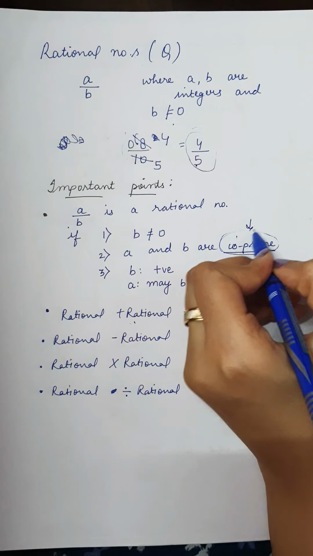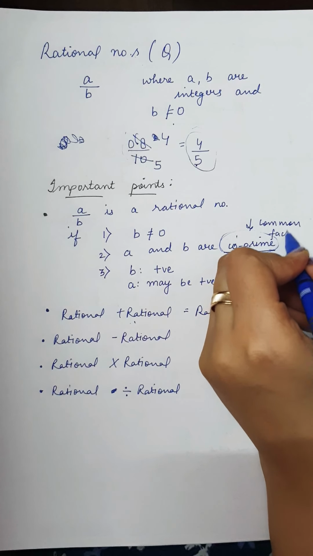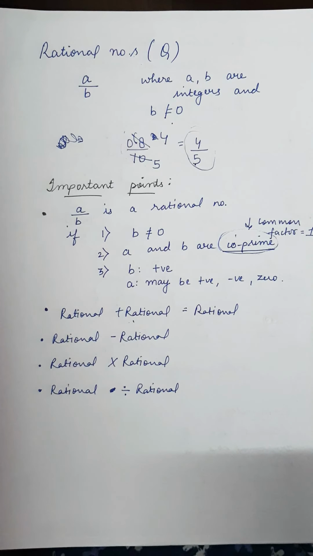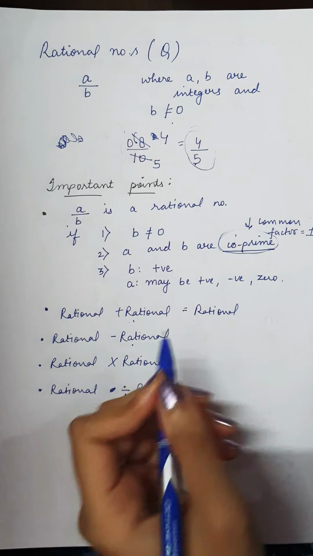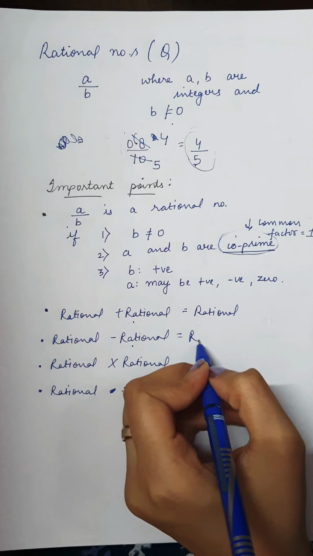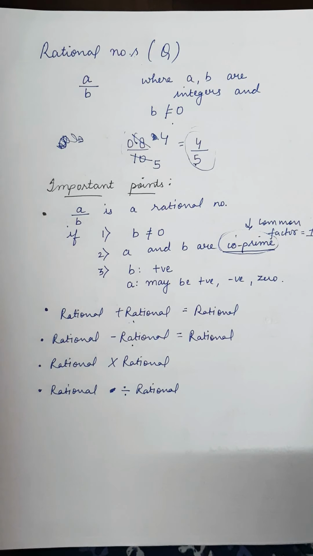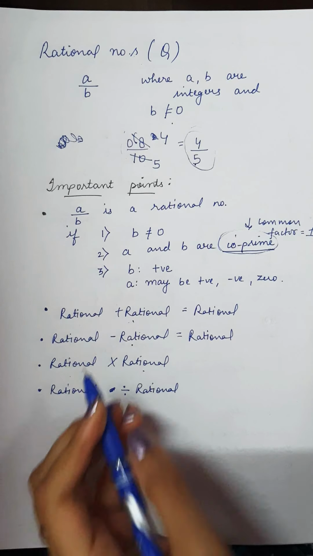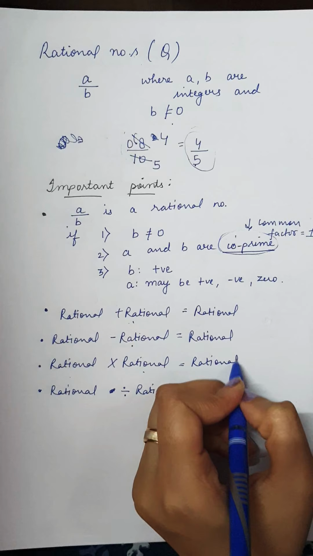Coprime means common factor to be 1. No other common factor will work. Again, if we subtract two fractions, answer will again going to be a fraction. So subtraction of two rational number will always going to give me a rational number. Then product of two rational numbers, again it will give me a rational number.